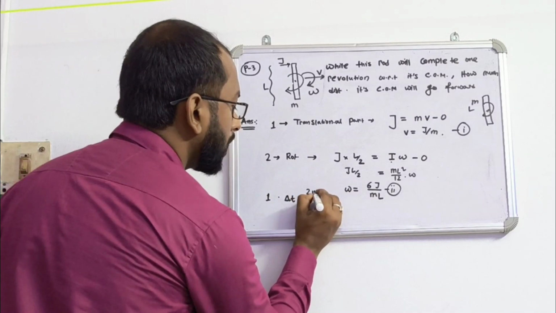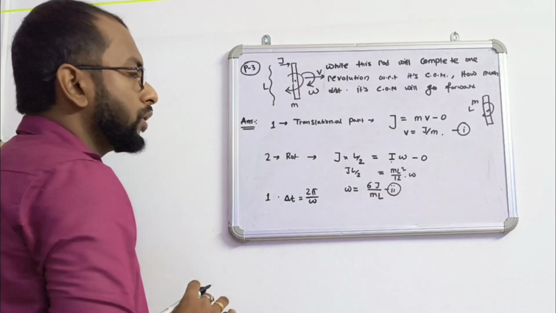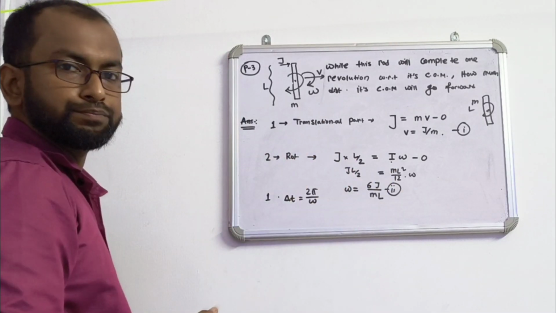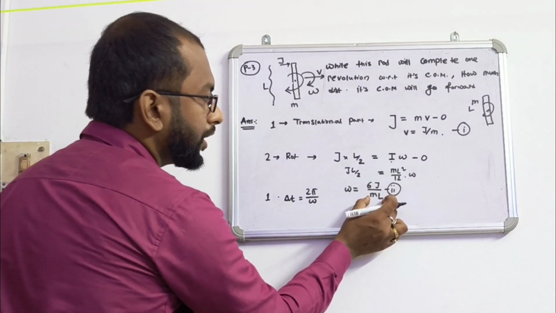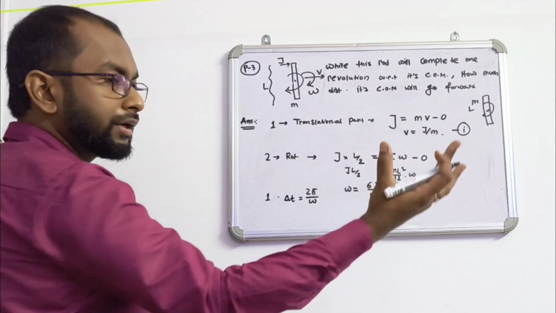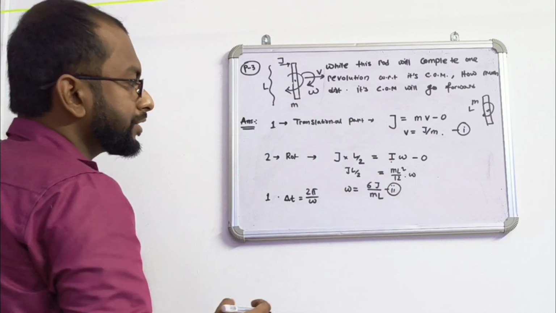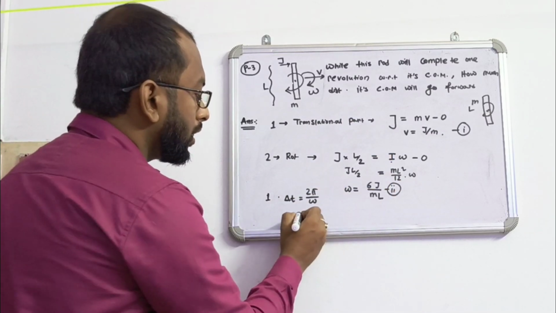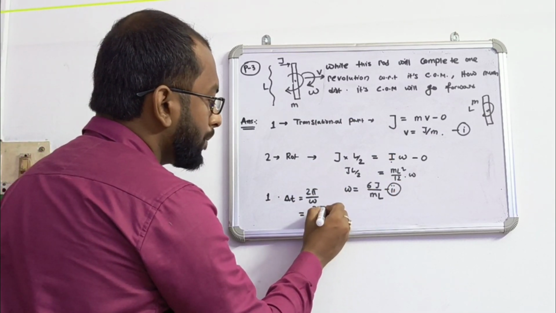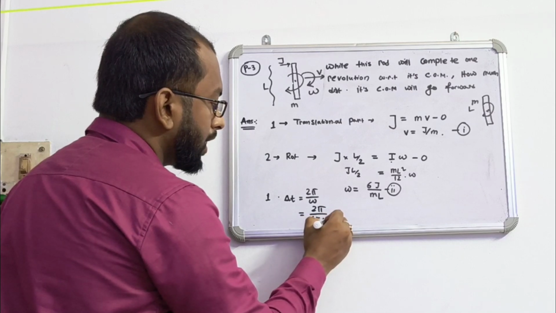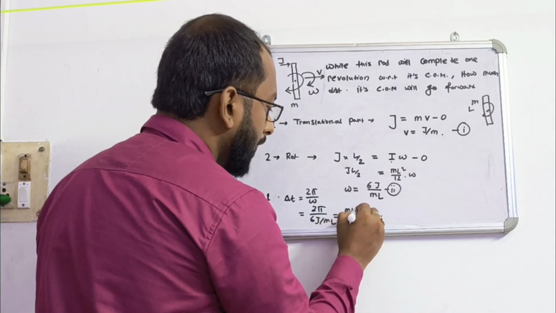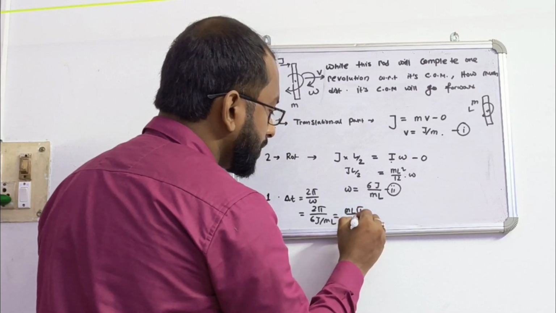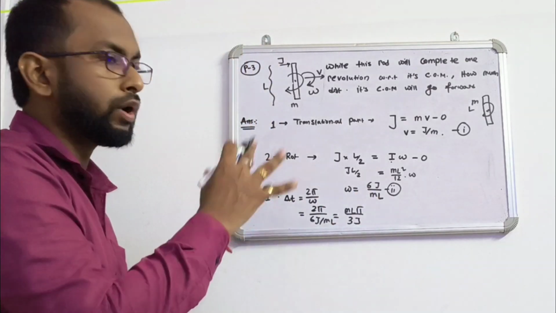So 2 pi by omega is the time to complete one revolution. So that is 2 pi by 6J by mL, which is basically mL pi by 3J. That is the time taken for one revolution.